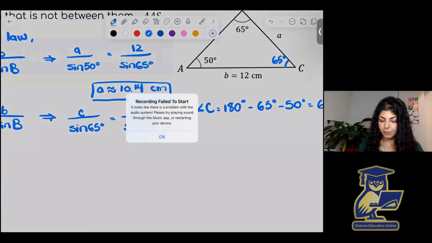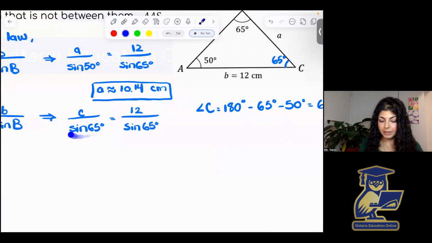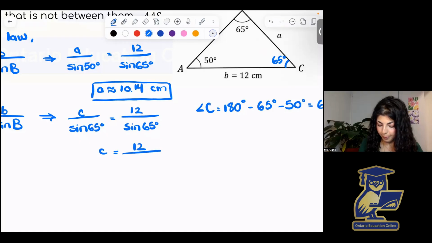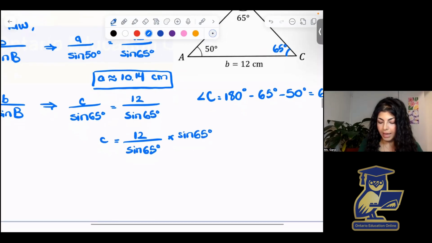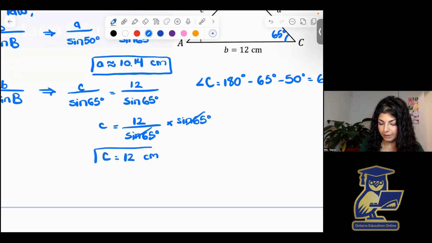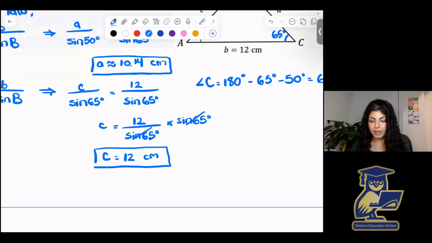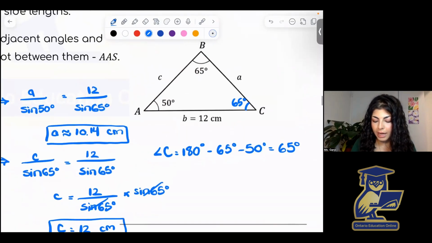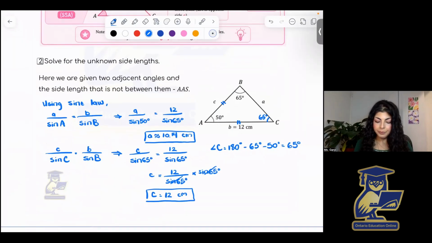Now, when I multiply by sine of 65 degrees, these two will cancel out, and we have C is equal to 12 centimeters, and that's exactly what we were expecting because it is an isosceles triangle, and now I can even label these two as being the same.